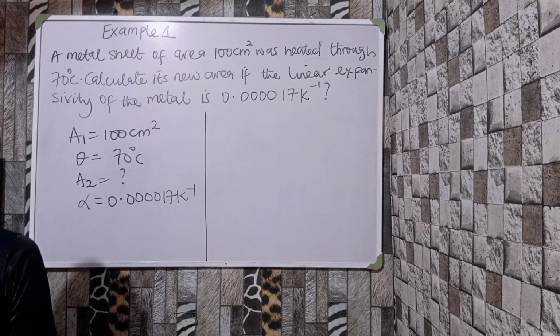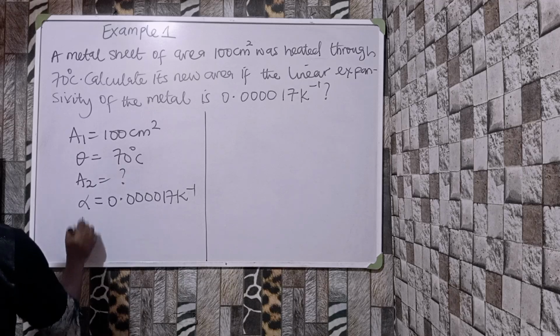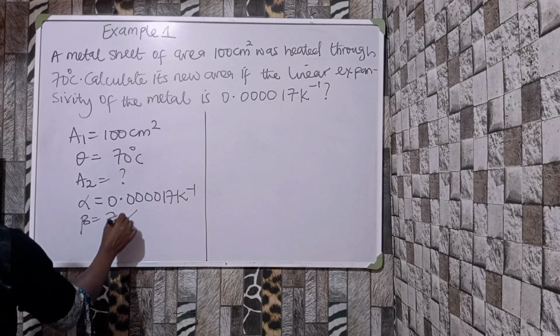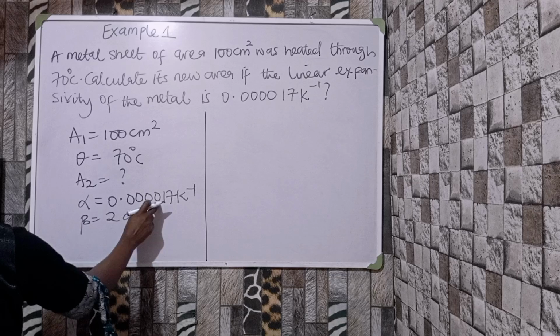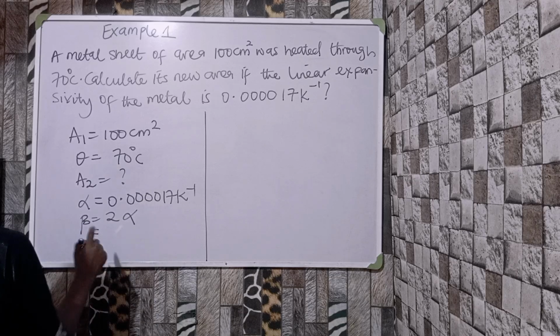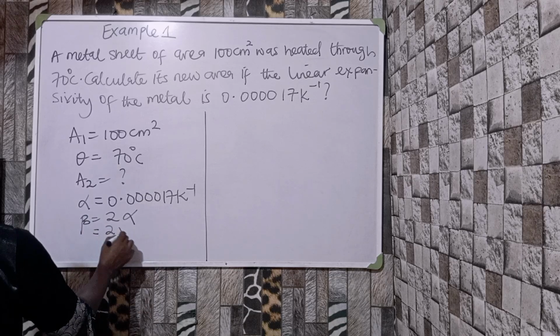Then we are given alpha to be 0.000017 per Kelvin. But what you are going to use is beta. Remember that beta is equal to 2 alpha. So let's multiply this by 2 to get our area expansivity.